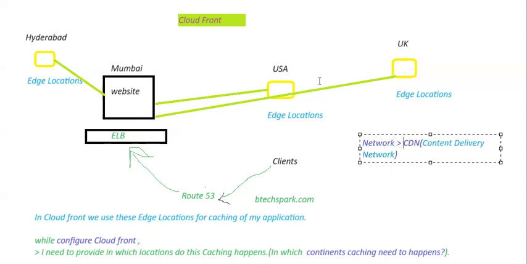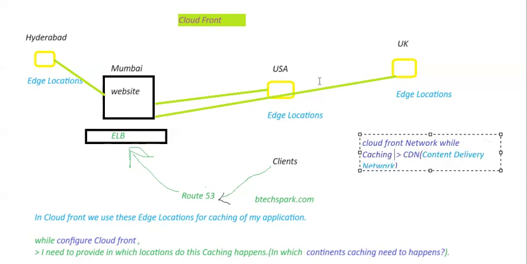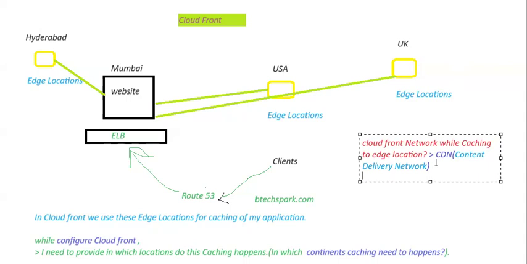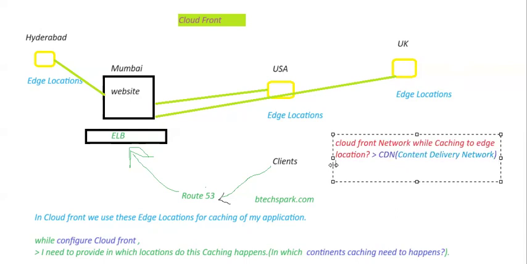This CloudFront is using the CloudFront network while caching to edge locations. So what is the CloudFront network while caching to edge locations? CDN, content delivery network. It is not through internet. It is not caching to edge locations by using internet.